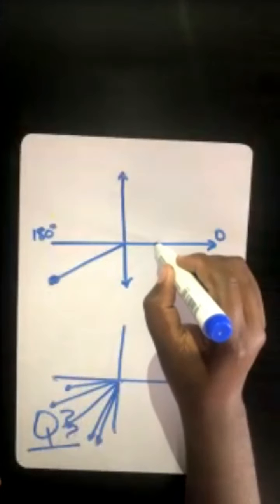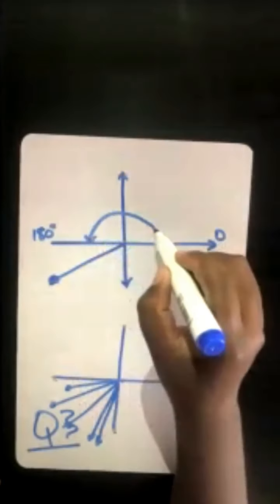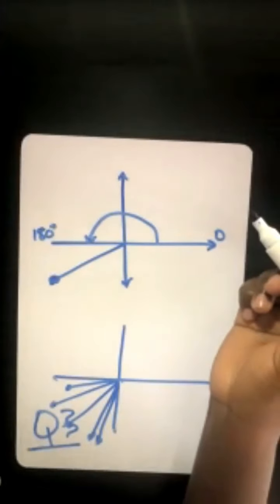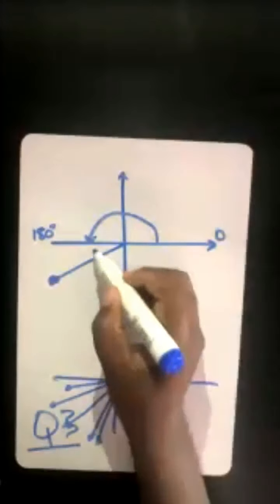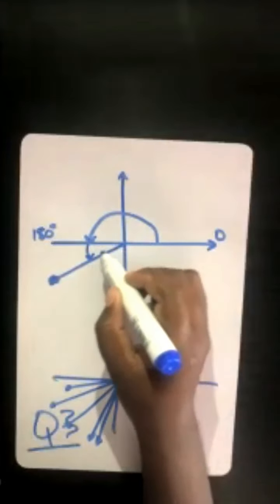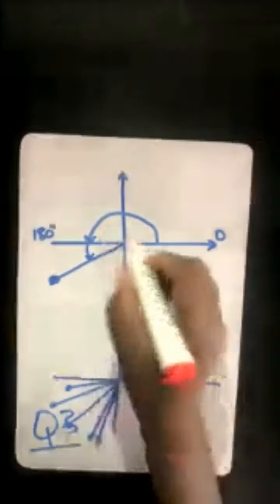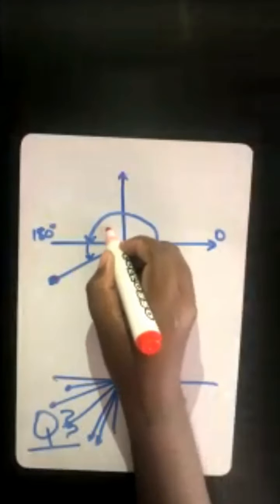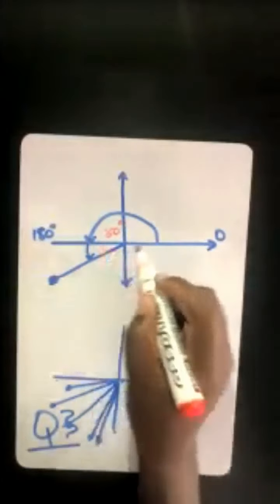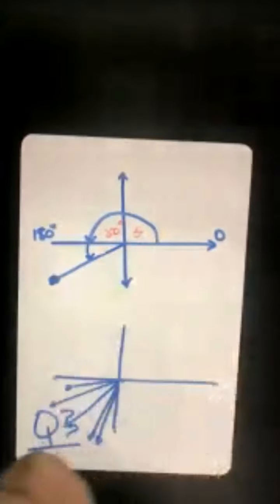This is the 180 degrees, and you have to add another smaller angle so that it takes you to that line, which is this angle. This line is for the 180 degrees, and that smaller line is for that angle. So that is why you add.